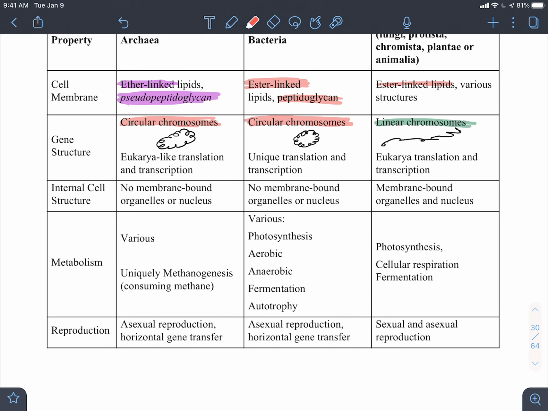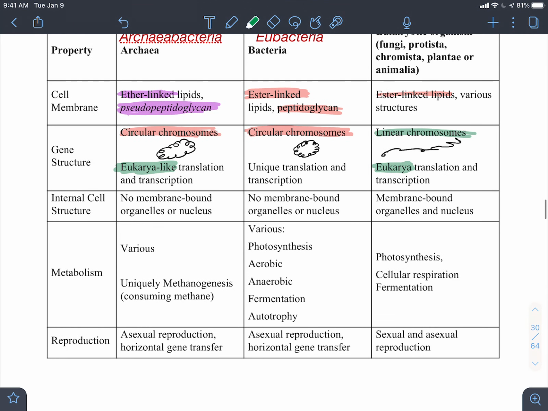The key observation that evolutionary biologists made was the use of eukarya-like transcription and translation. That made this interesting connection. Although the cells appeared on the outside to have ether-linked lipids and pseudopeptidoglycan, which suggested they were more like bacteria, the transcription, the actual way that information was handled and processed in the cell, was much more similar to the eukaryotes.